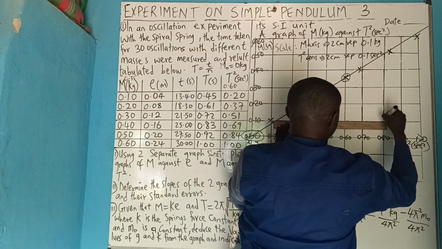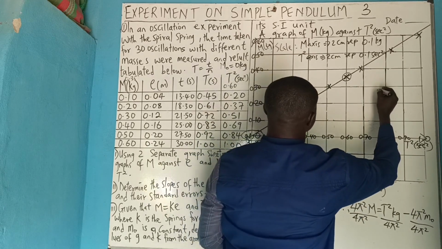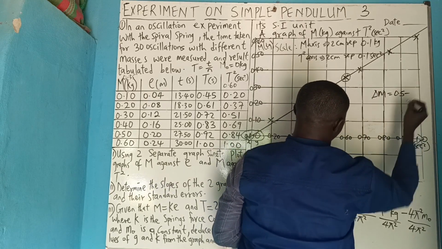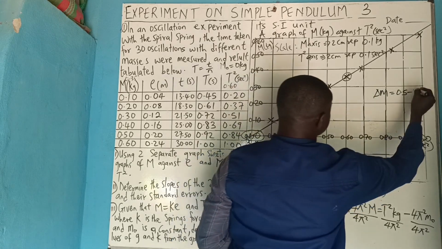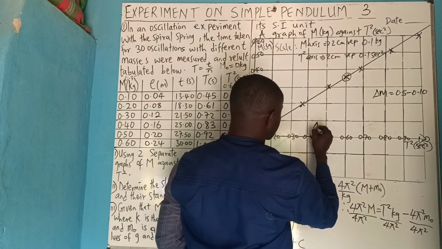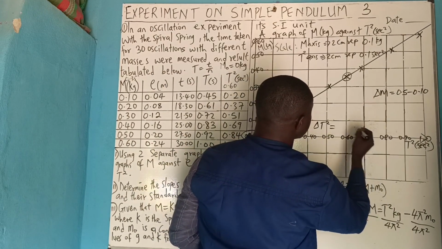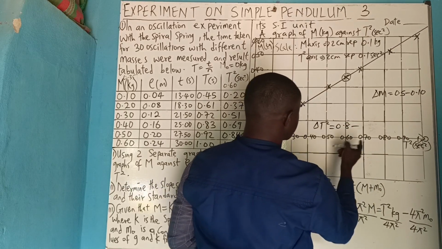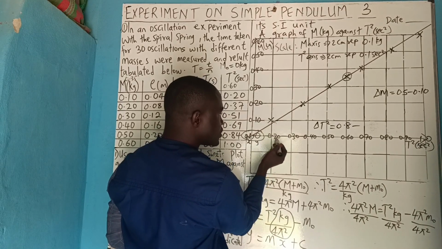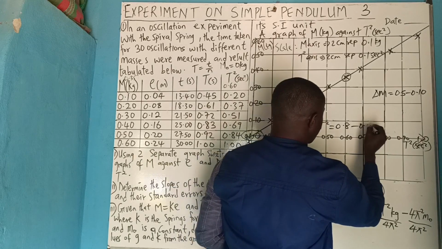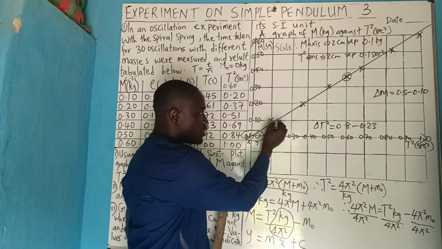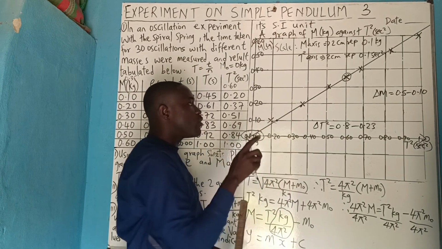So what you now do is you say change in m equals to 0.5 minus 0.10. Okay, then change in t squared is equal to 0.8 minus, here is 0.2 and here is 0.3. Let's say 0.23. 0.23. Yes, to get the actual value of this point.